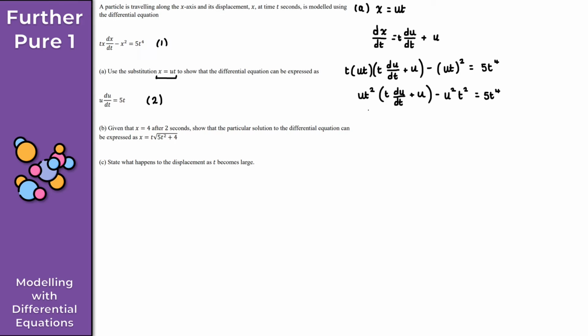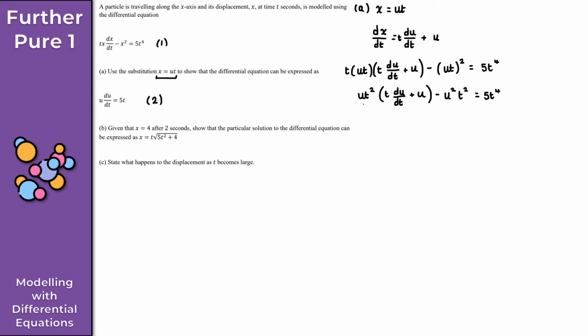Okay, so now let's expand this term on the outside, this ut squared, with the two terms inside the bracket. The easier of the two is just the u, right? So ut squared times u gives me u squared t squared. But just notice we have this minus u squared t squared.